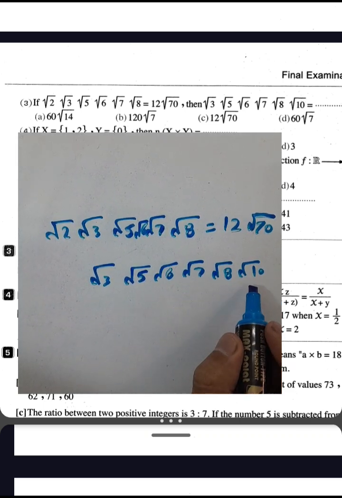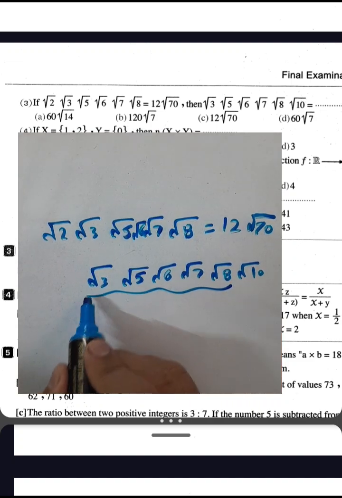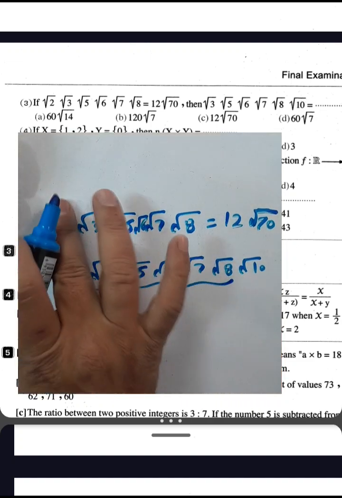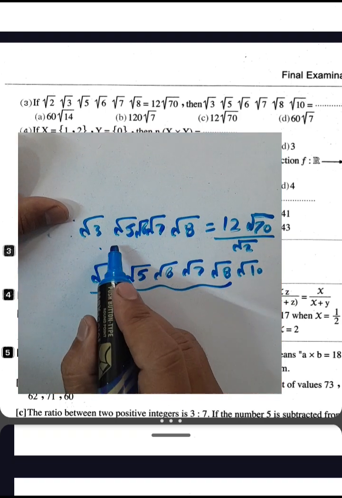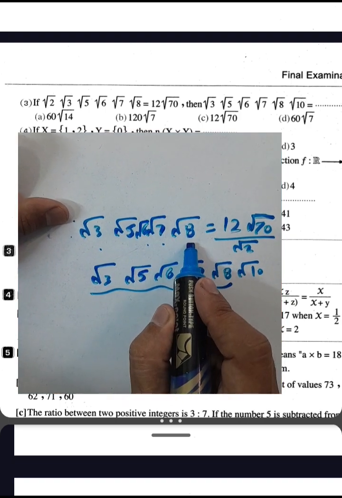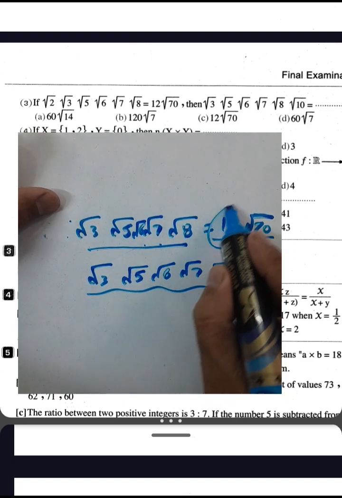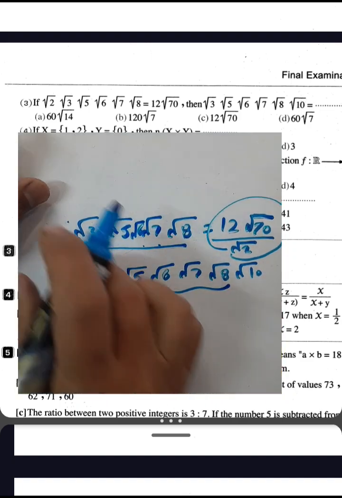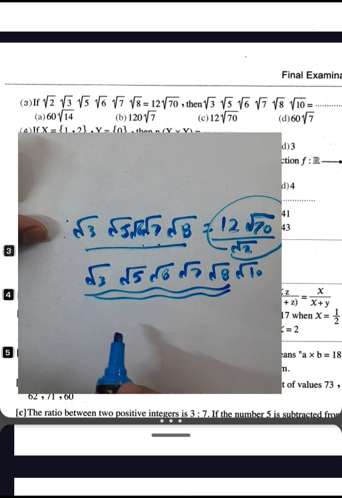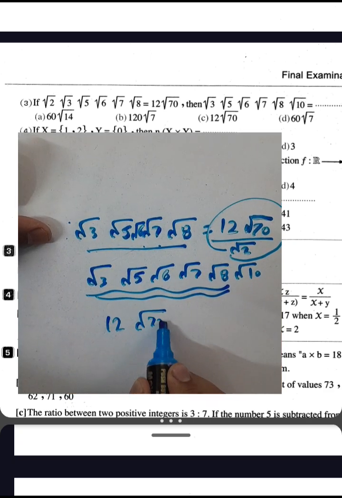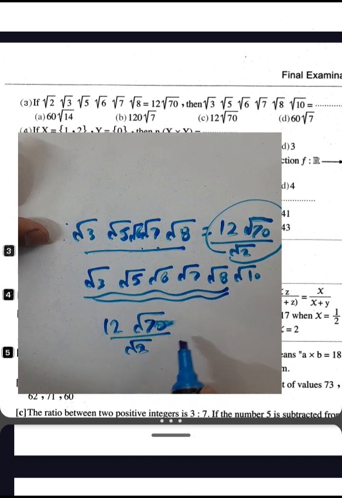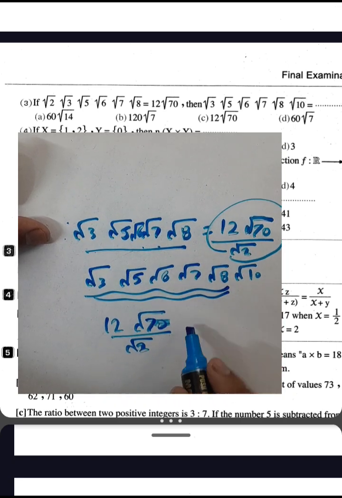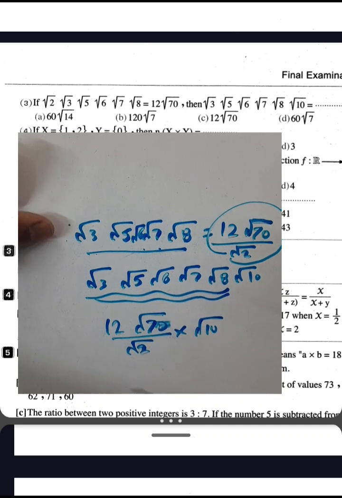Okay, you can cancel them from this equation and divide it by root 2 here. 3, 5, 6, 7, 8. It will be 12 root 70 over root 2, and then put here in this expression, it will be 12 root 70 over root 2 here times root 10.